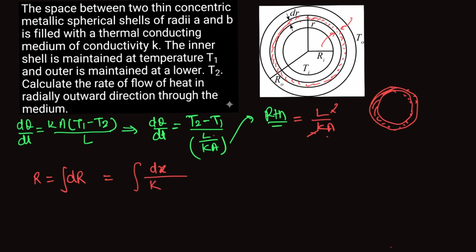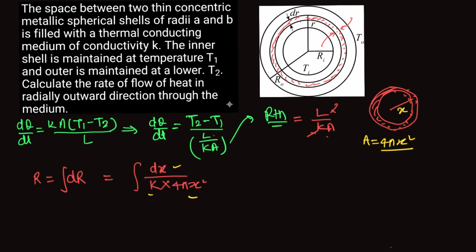The value of K is K only, and A will be equal to 4 pi x square, because the radius of this one is x, so the area is 4 pi x square. So in place of L I am writing dx, in place of K I am writing K, and in place of area I am writing 4 pi x square because it's a hollow sphere.